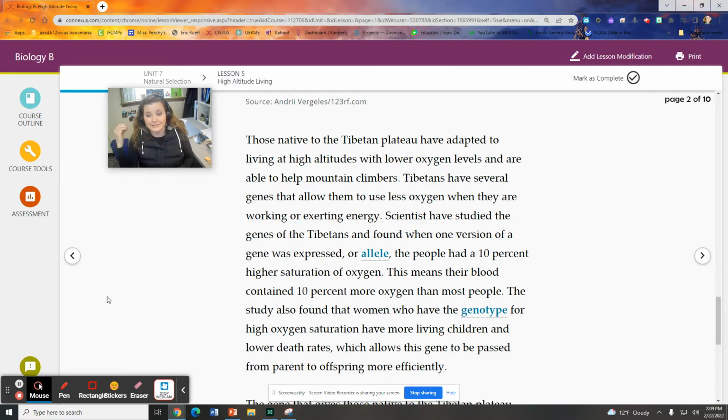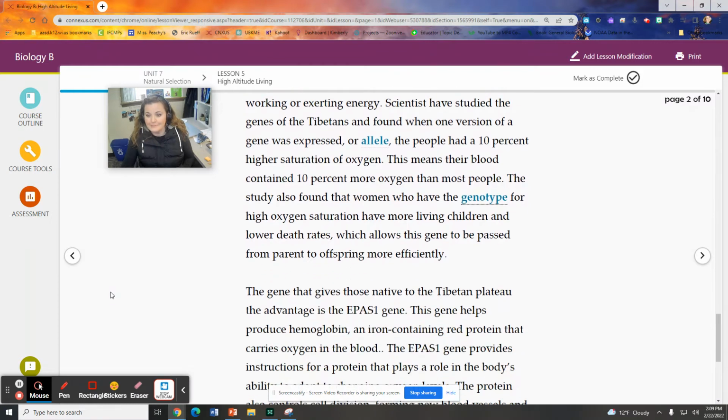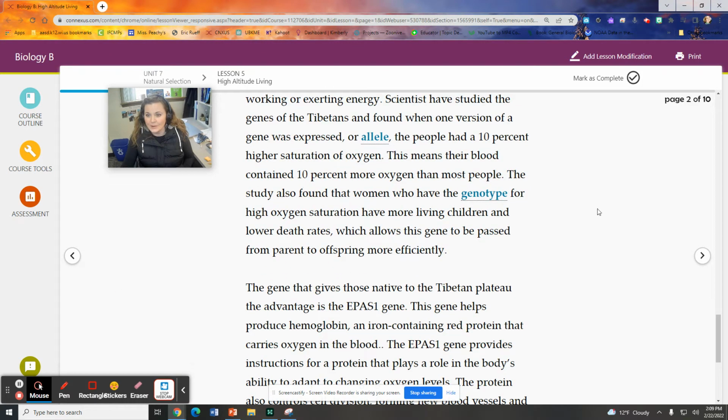They have an allele that is being expressed that enables them to increase the oxygen saturation of their blood. So they're not surviving on less oxygen, they're actually able to absorb and have a higher oxygen concentration in their blood altogether.